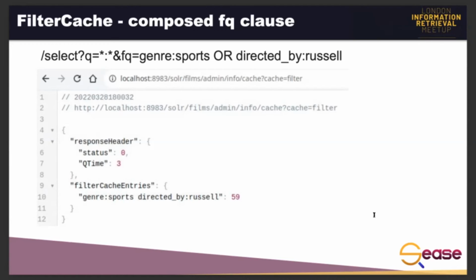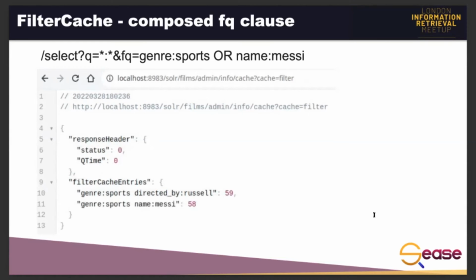But now, what did I want? I wanted sport movies directed by Russell. I don't know, I put a random name. So Solr computes the list for sport, computes the list of document IDs for Russell, and creates the union. What about, since I'm talking about sport, now I want to see all the films that contain Messi.